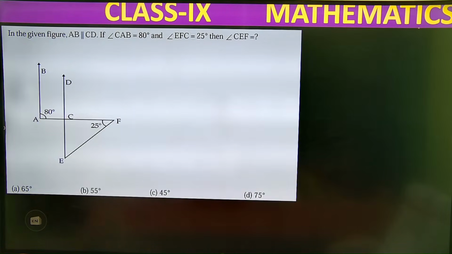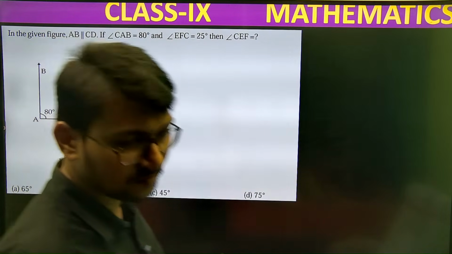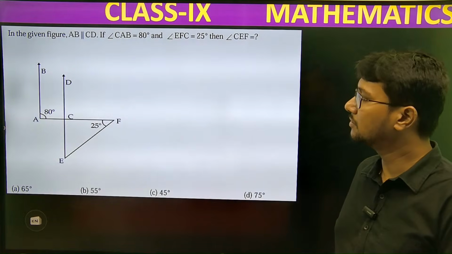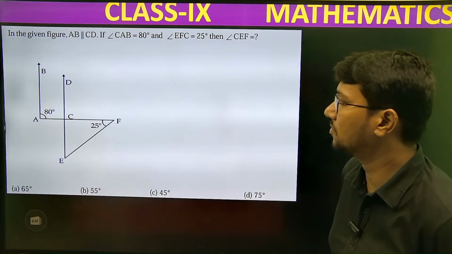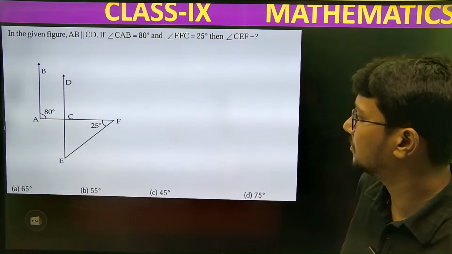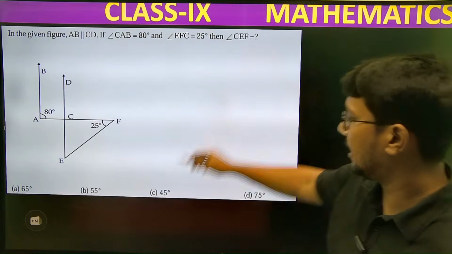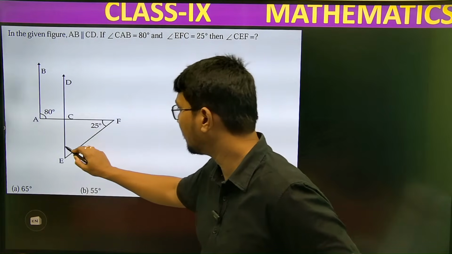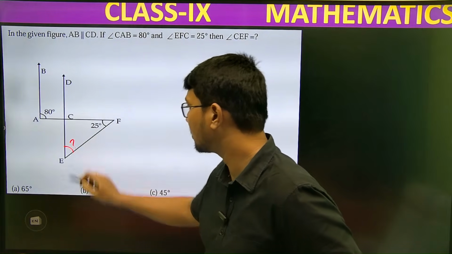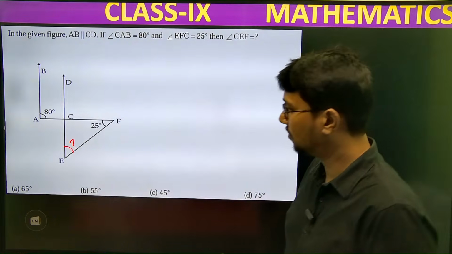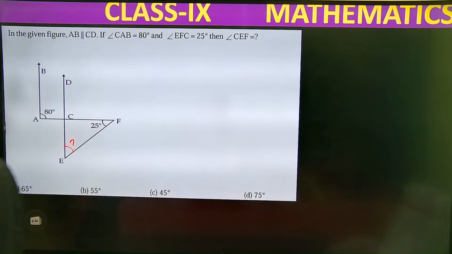It is a very simple question, children. CEF means this angle is being asked in the question. Check, what is the answer?